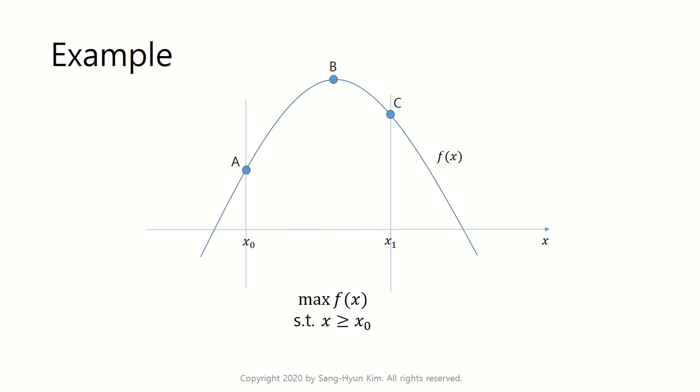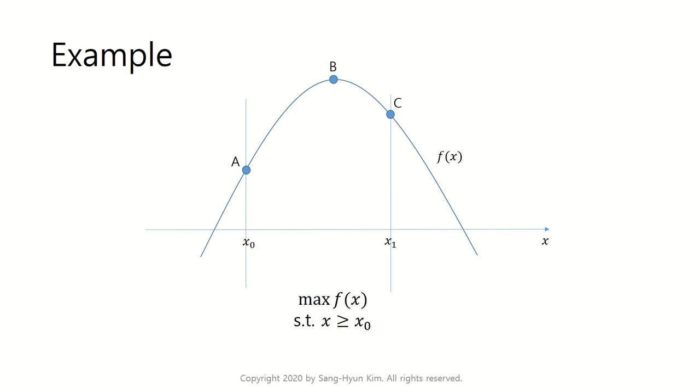Answer is B. So the optimal point is B, even if we have this constraint x is greater than or equal to 0, x is greater than or equal to x0. That constraint is not important because this point B is inside this constraint set.